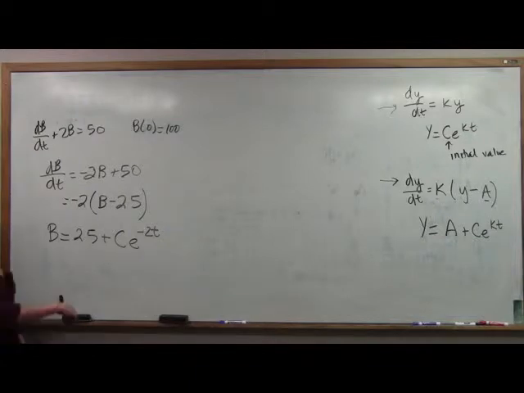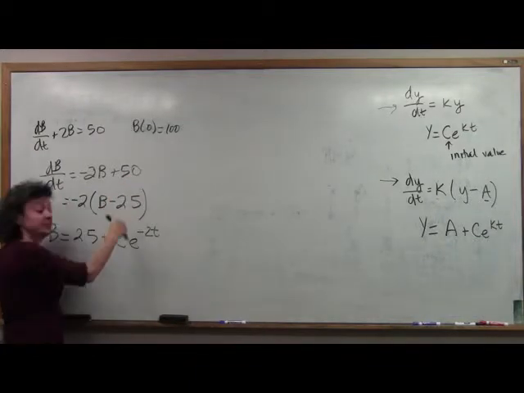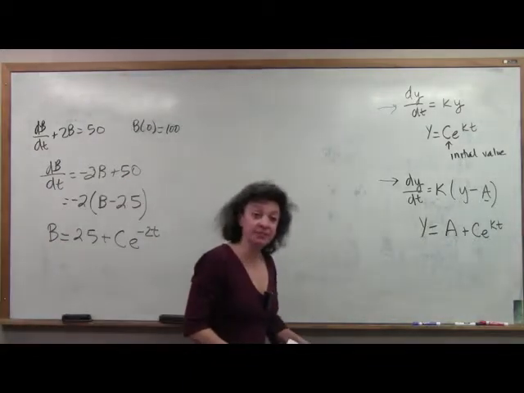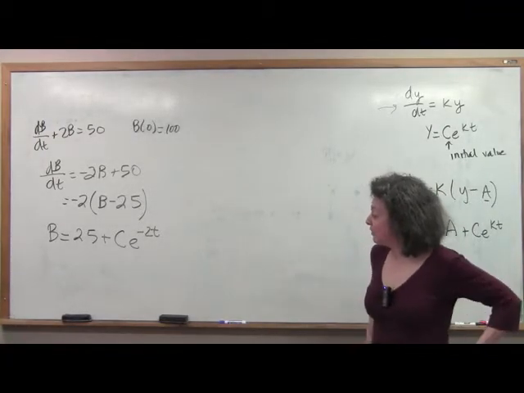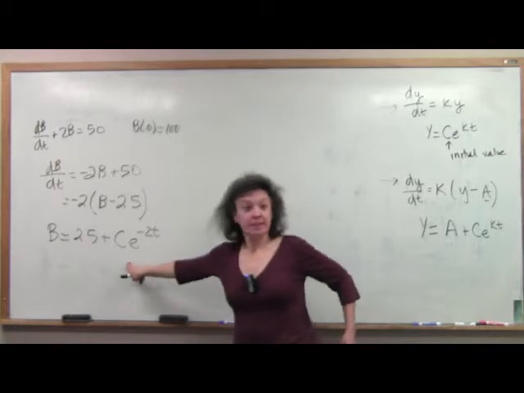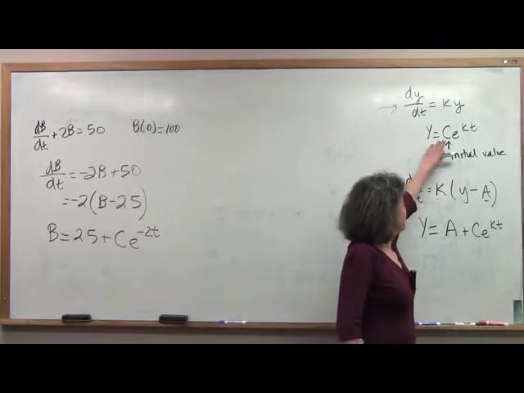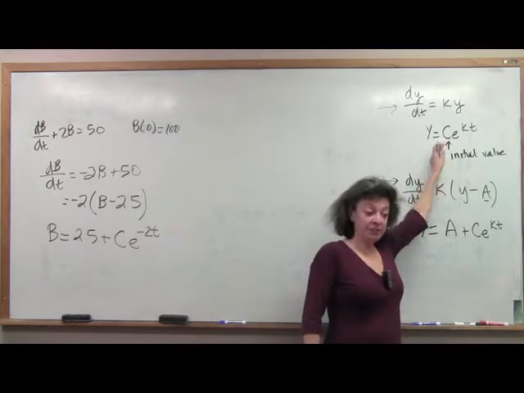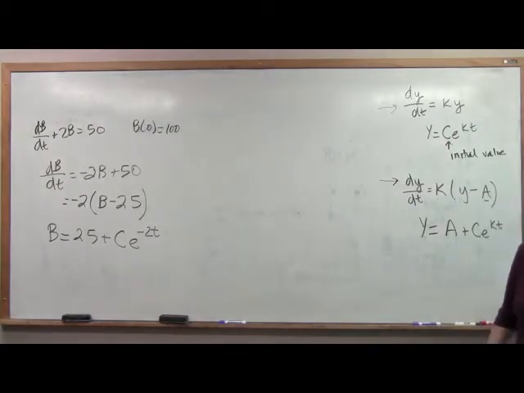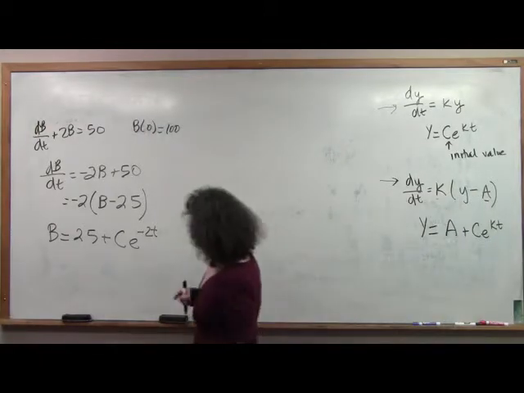Now, notice we're given another piece of information, and this other piece of information is actually going to allow us to solve for our value of c. Now, we saw over here in this sort of differential equation that c was my initial condition. That's not the case here. Okay? So, what can we do?